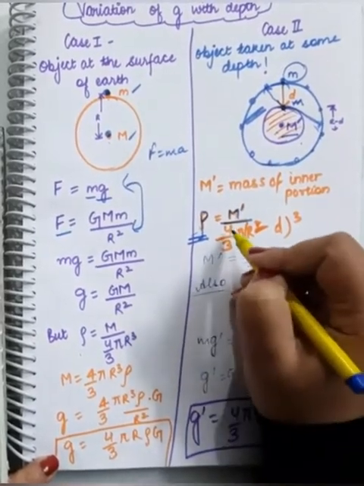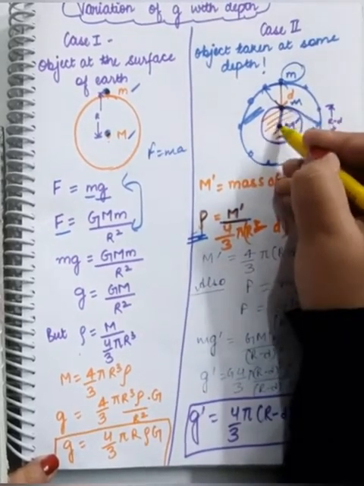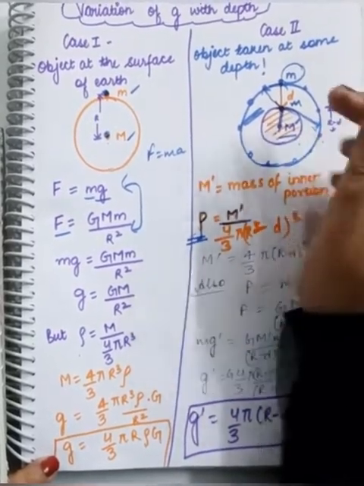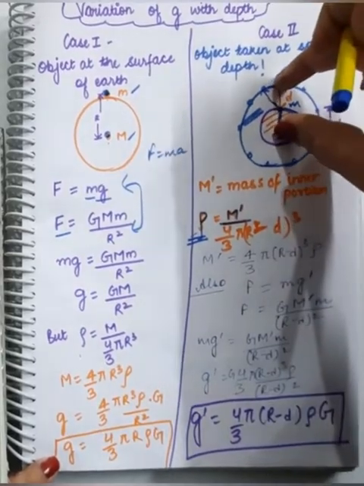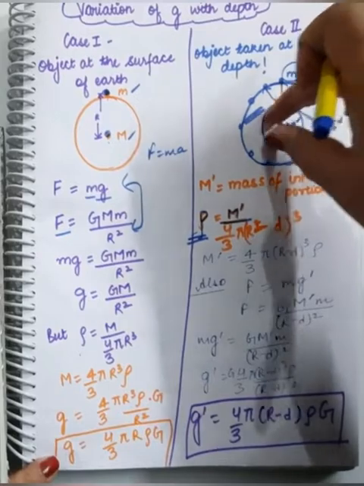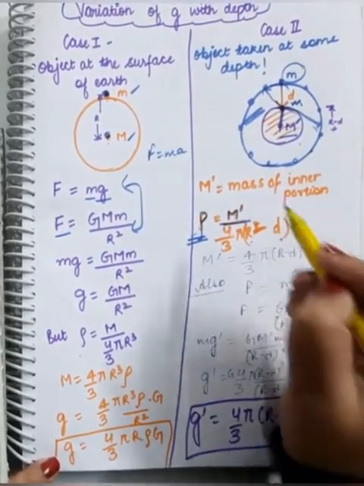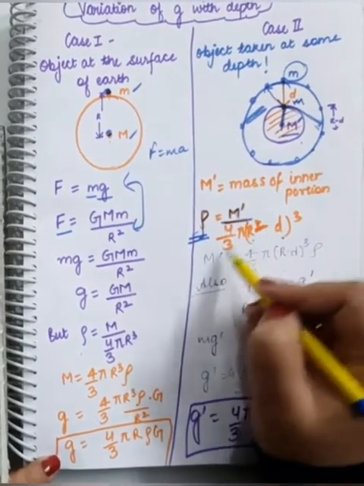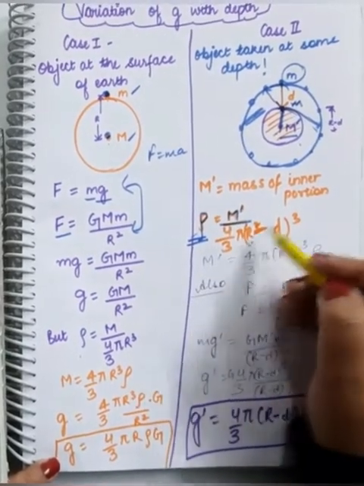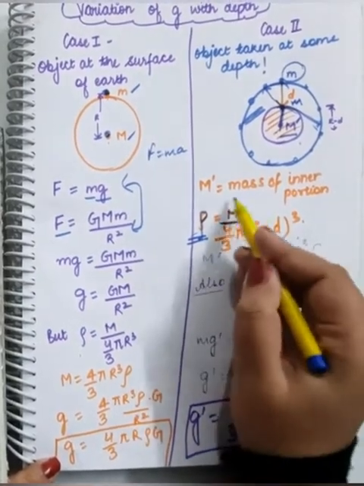And volume is 4 upon 3 pi. And what is the radius of this reduced sphere? Since this was capital R and this is d, depth, the radius of this smaller sphere becomes R minus d. So this will be M dash mass upon volume 4 by 3 pi (R minus d) whole cube. This way you will get the value of M dash.